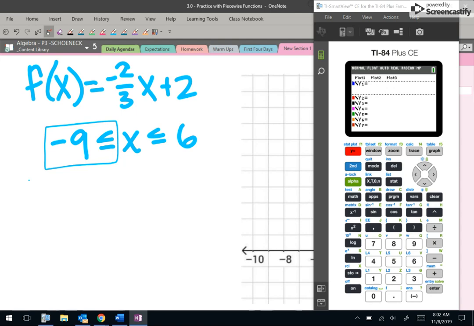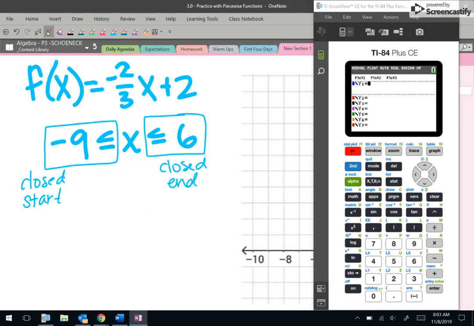So this one I'm boxing in because it's closed, and it's the start of the interval for this part of the function. On the other end, we also have an or equal to, so this is also a closed circle, and this is the end of the interval.